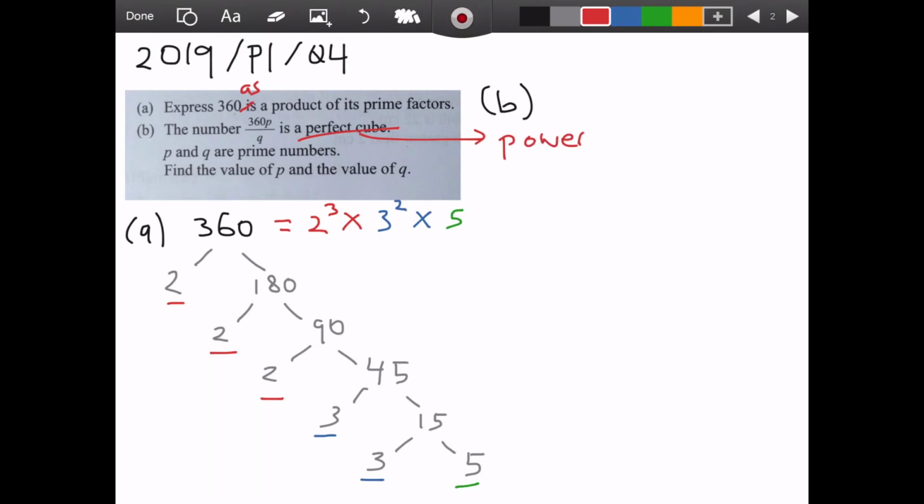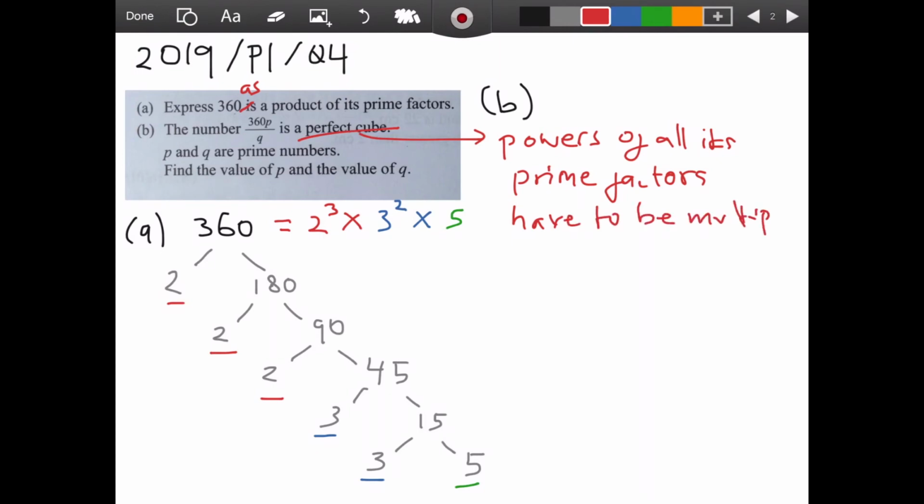Power of all its prime factors have to be multiples of 3.